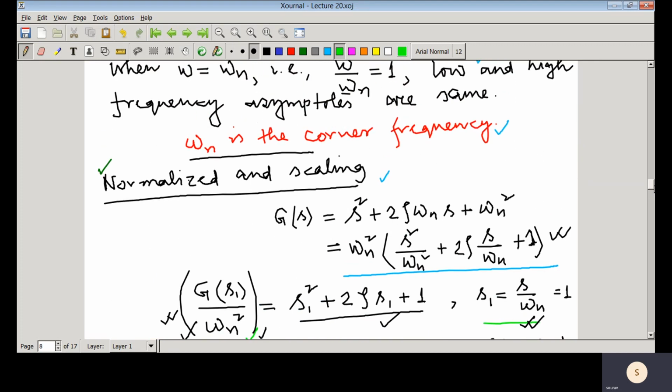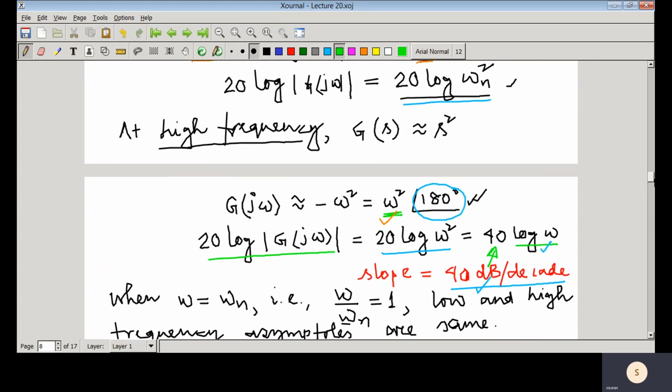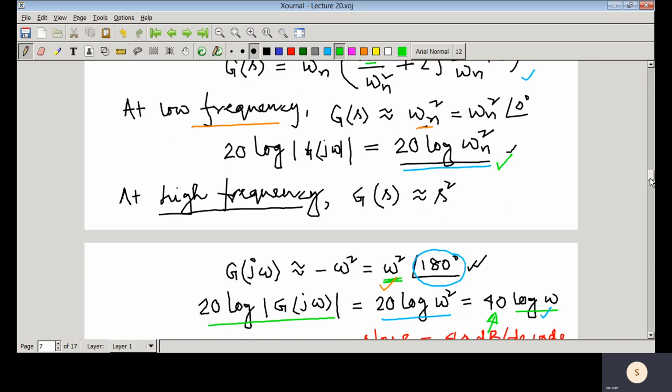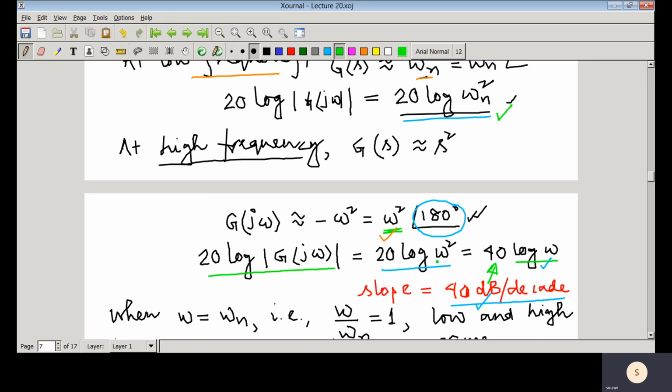Whenever it is not in normalized form, at low frequency the value is 20 log omega n square, and at high frequency it would be 20 log omega square, with the slope being 40 dB per decade.